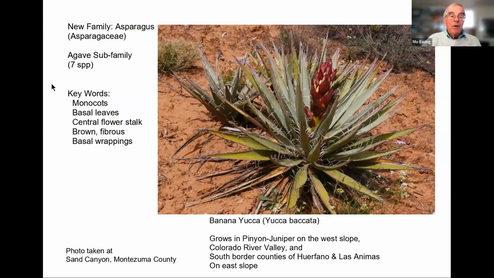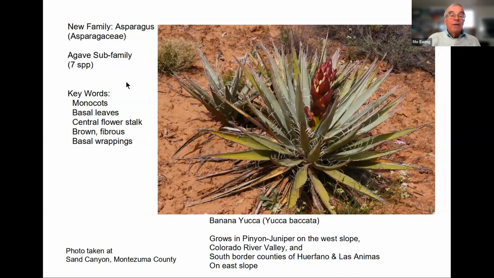It's in a new family called the asparagus family, Asparagaceae. And this is one of those that was originally in the agave family, but it was moved into the asparagus family for genetic reasons. And so it's now in the agave subfamily with 7 species.